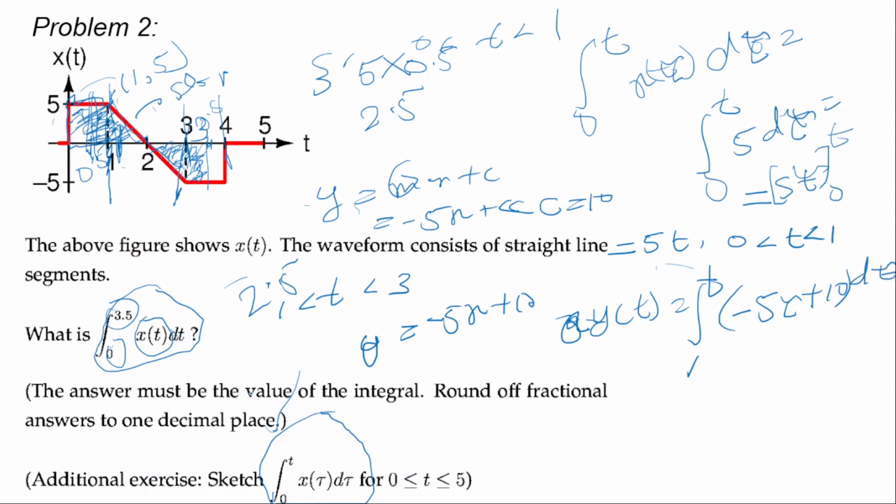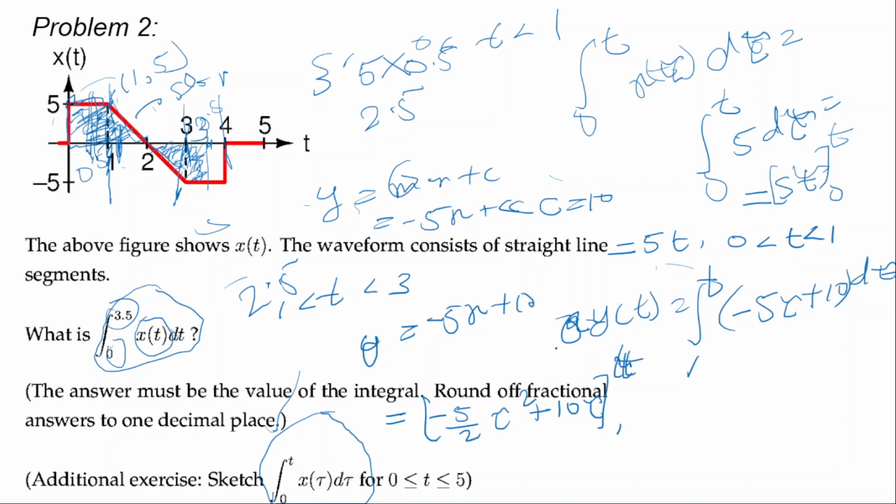Okay, so this will be equal to minus 5 by 2 tau square plus 10 tau, integral from 1 to t.